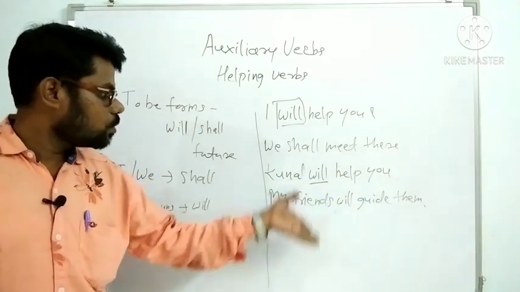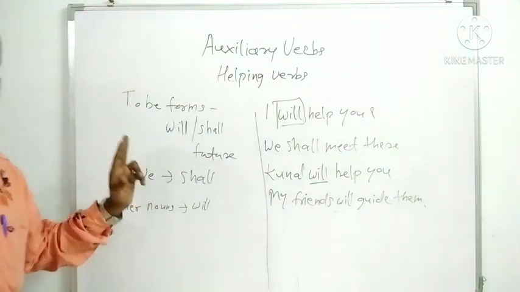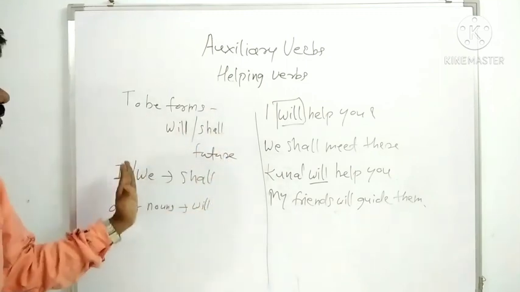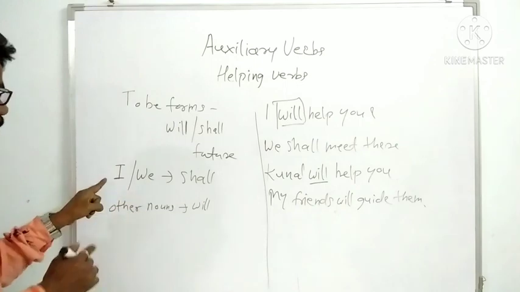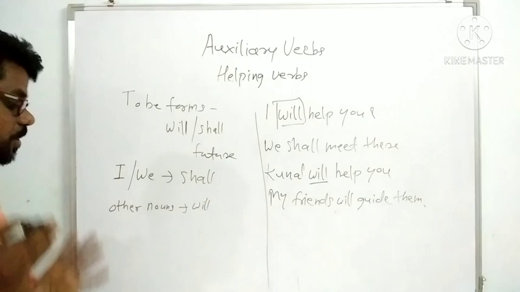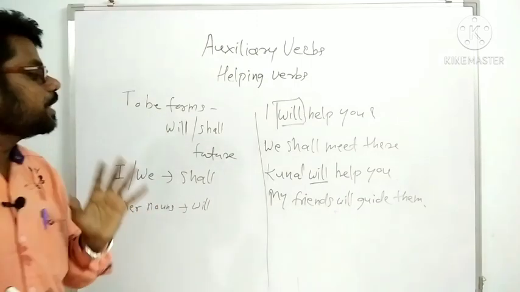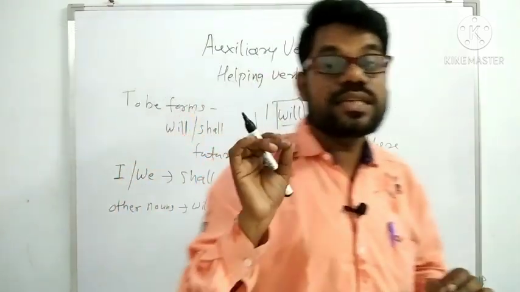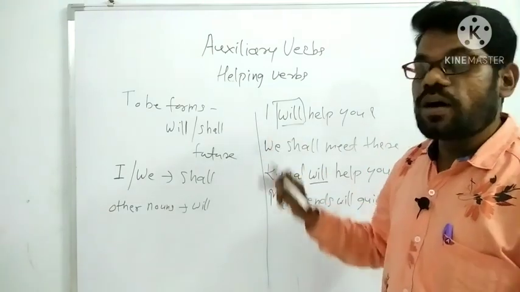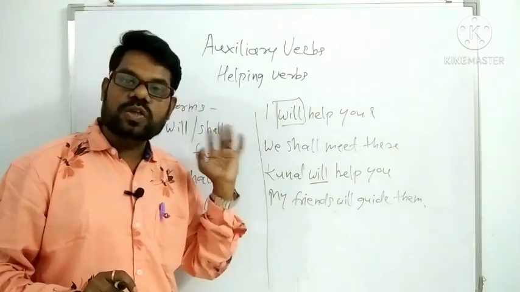No choice, we have only will, but only I and we follow shall. Okay, so in this way we use will and shall to show the future tense. I and we follow shall, and the rest of the nouns, other subjects, follow will. Only if it is confirmation, certainty, or our promise, definite, that time we use will after I and we. Okay, I hope you have understood it.